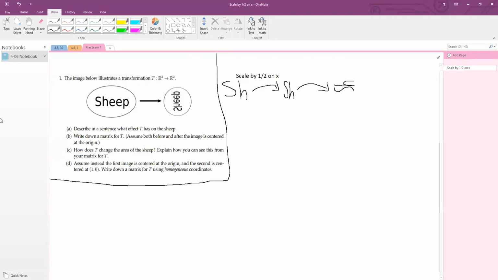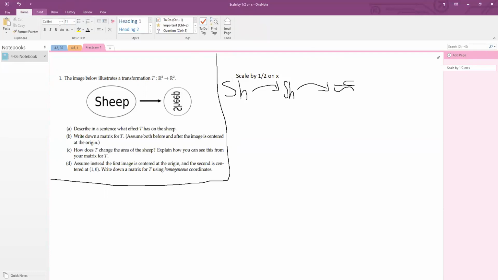Okay, so this is a rotation. We always want to think about this counterclockwise because it makes it easier when we go to the matrix. And this is just going to be a counterclockwise 90-degree rotation, right? Because we're just taking it and moving it 90 degrees counterclockwise.